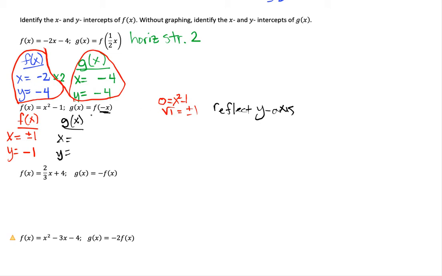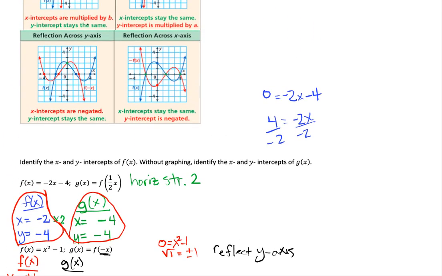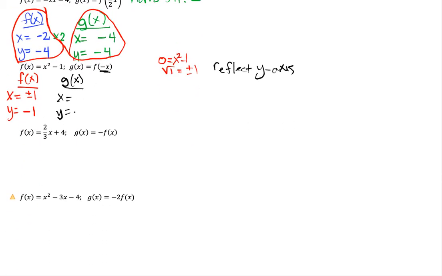So we need to look and see what we have to do to reflect across the y. That's right here. To reflect across the y, your x-intercepts are negated and your y stays the same. Okay, so my y stays the same. I'm going to just rewrite that. And my x-intercepts are negated. So instead of a positive 1, I'll have a negative 1. And instead of a negative 1, I'll have a positive 1. So in this case, it's really just the same thing.